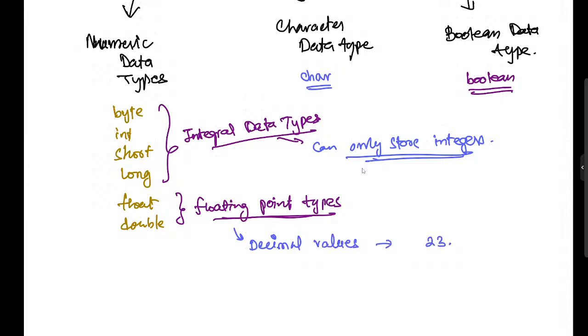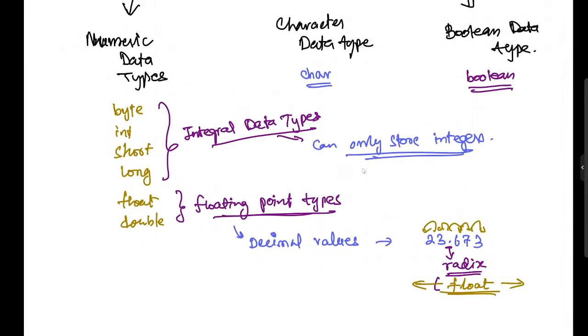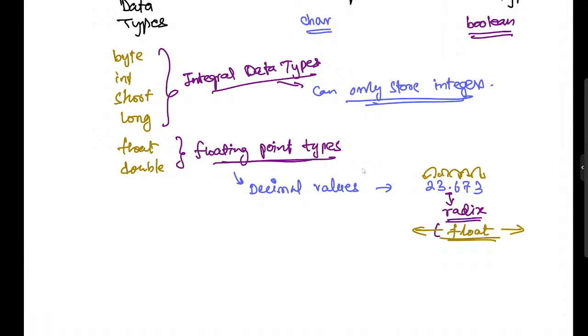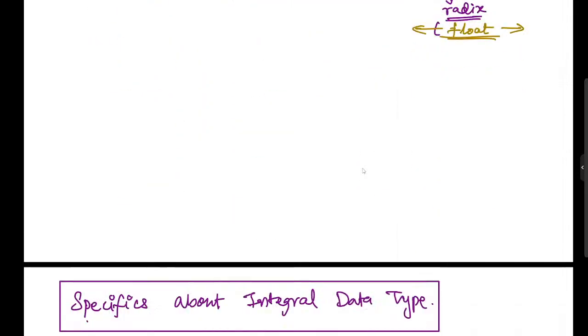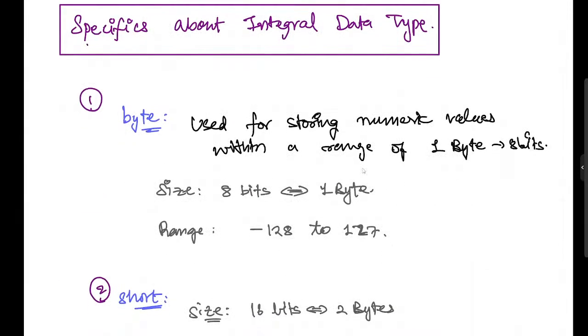You have 23.673, and this part is known as the radix point. This point can float to the right or to the left, depending on where you want to move it. So if you float it to the right, this point is floating. That is the reason this data type is known as floating point. So this is a very brief overview. Next we'll talk about some specifics of the integral data types.